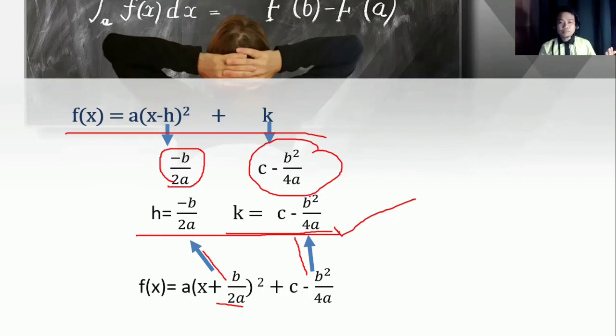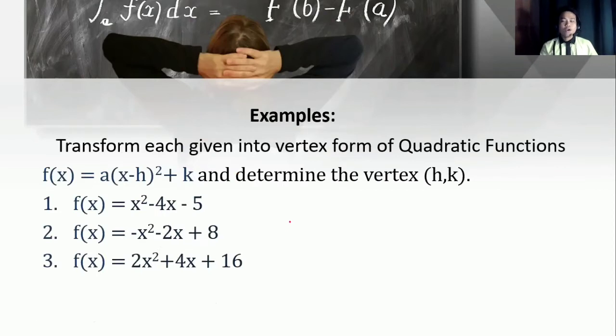Then, proceed tayo sa mga examples for further understanding. Okay, we have to transform the given into vertex form of quadratic functions, f of x equals a times x minus h squared plus k, and determine the vertex h, comma k.